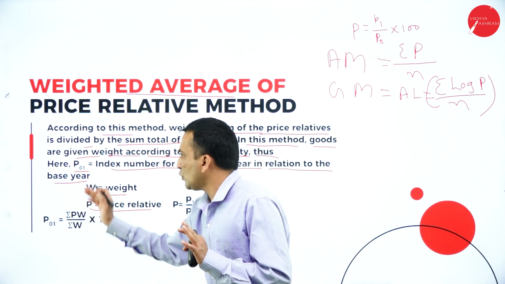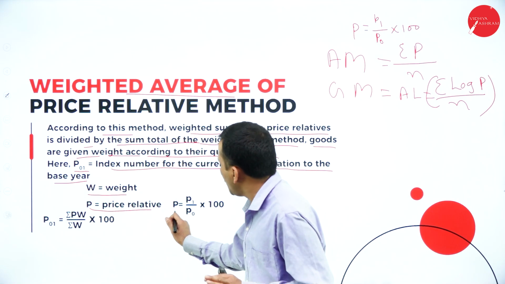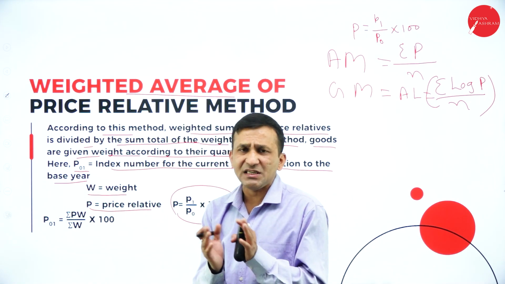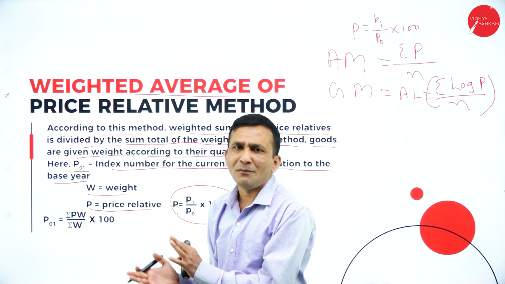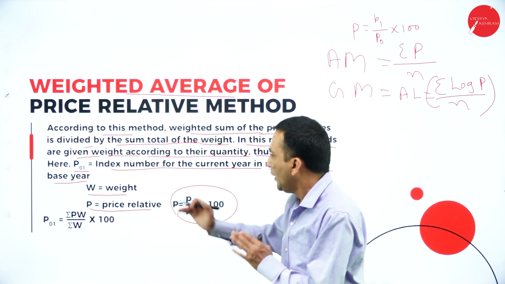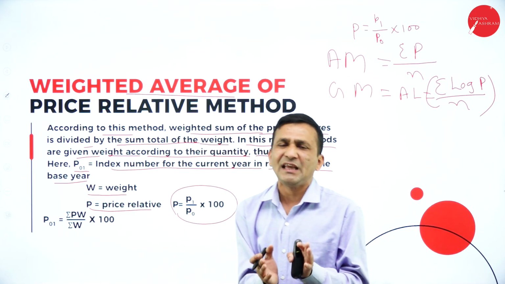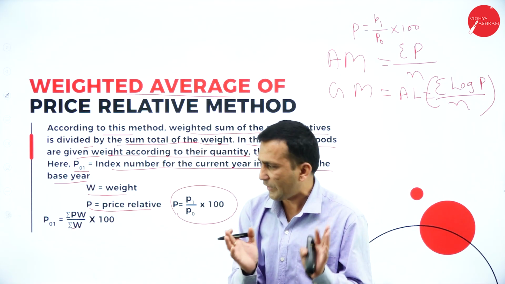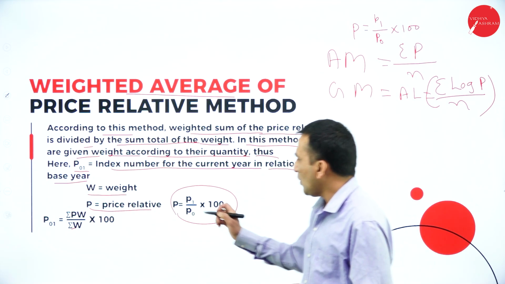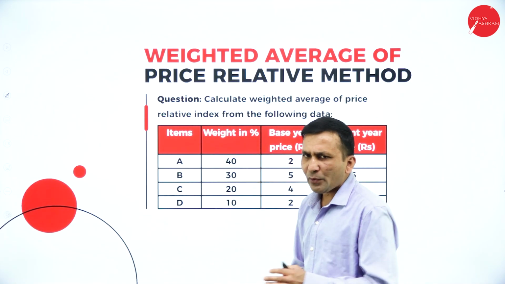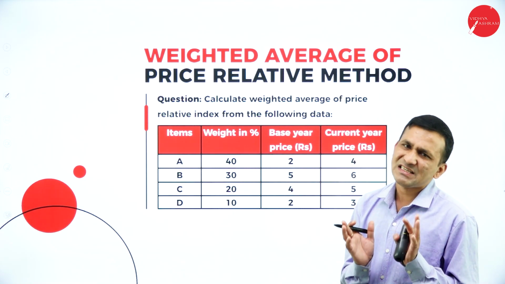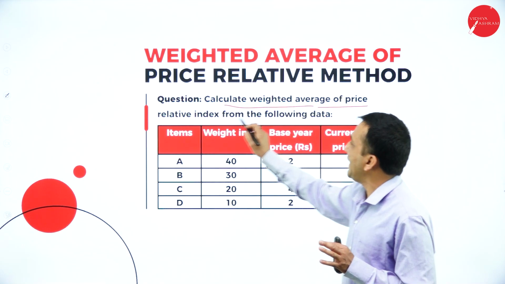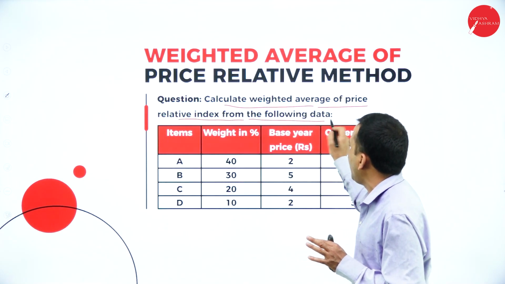With the help of the information, using this formula, we find P. When a weight is assigned, you have to multiply after finding the P value, divided by the weight given in the question, so we take the summation of the weight given in the question into 100. So in this case, there is one very simple question to understand better. Calculate the weighted average of price relative from the following data.